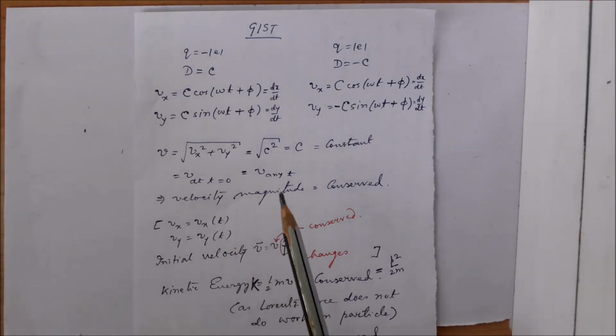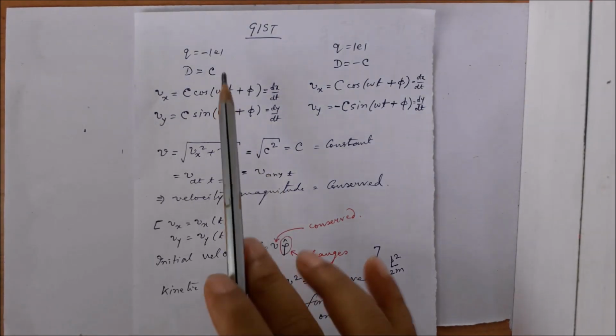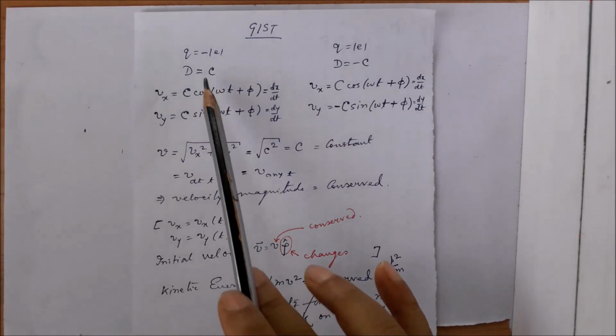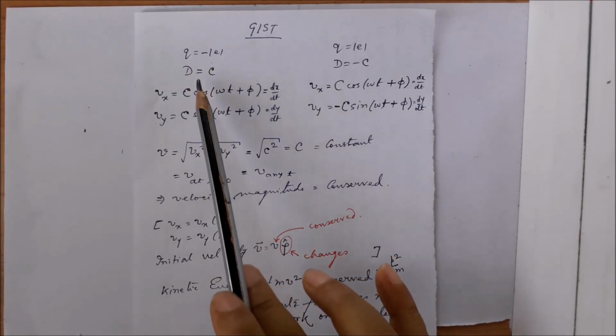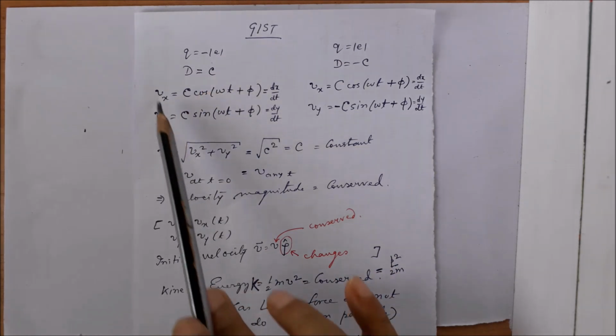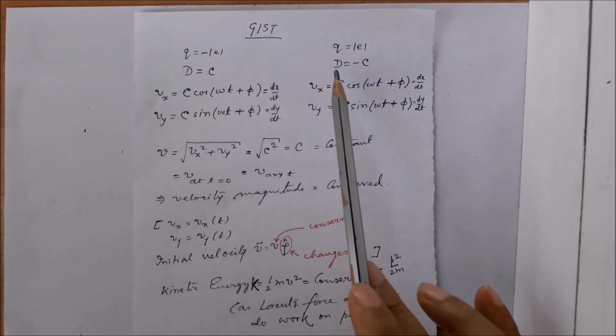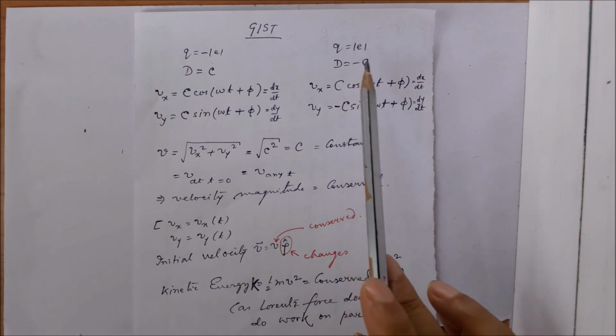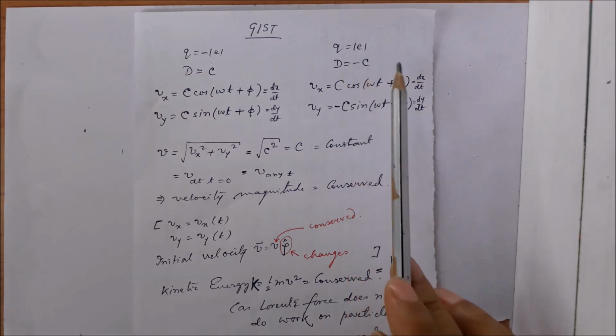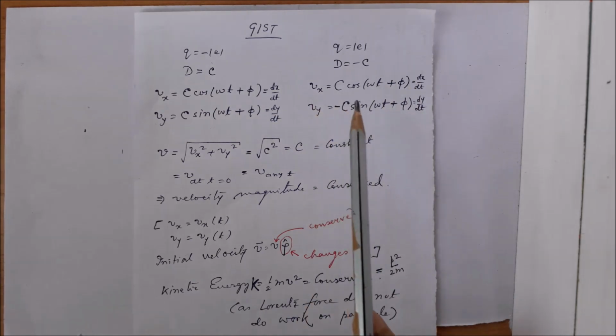Let us make a gist of what we did, and here it is. For negative charge, that is for q equal to minus mod e, d equal to c, and so we have this thing. And for positive charge, that is for q equal to mod e, d equal to minus c is the appropriate choice, for which we have this equation.